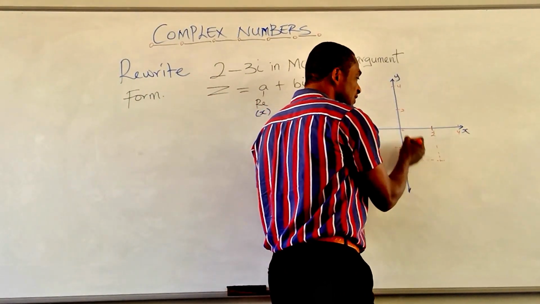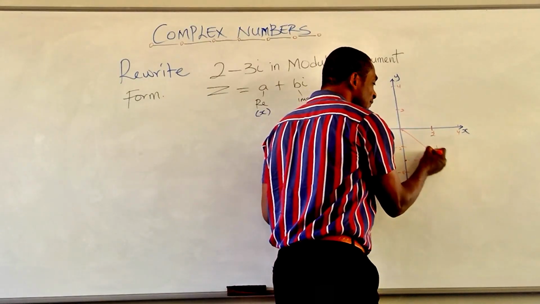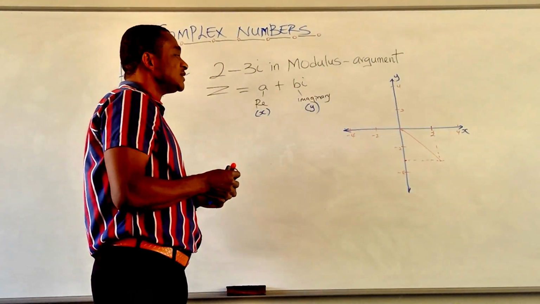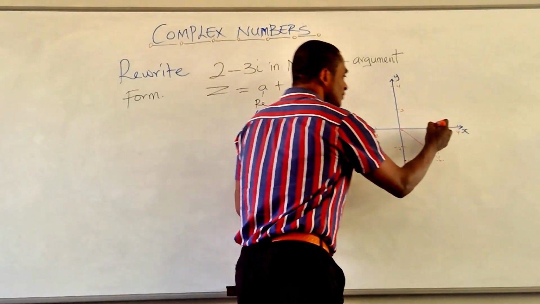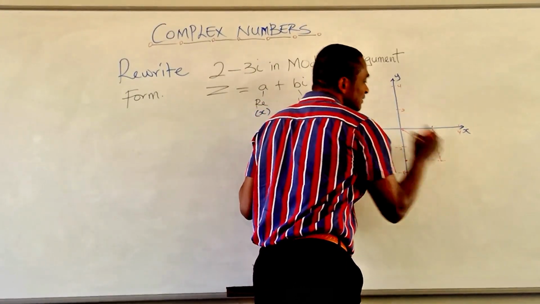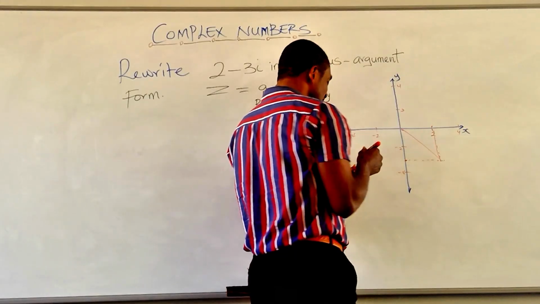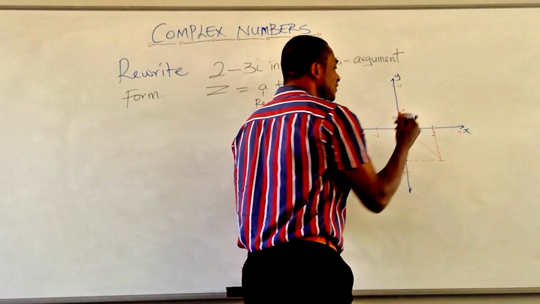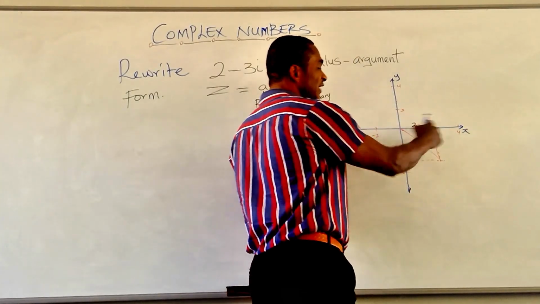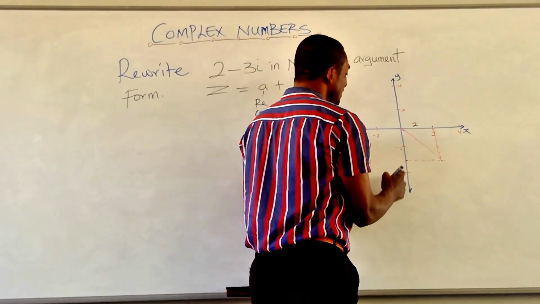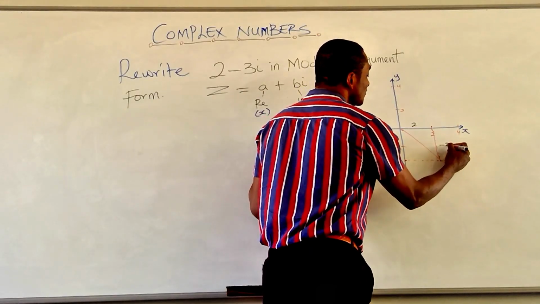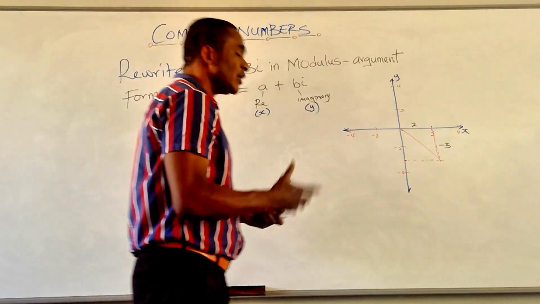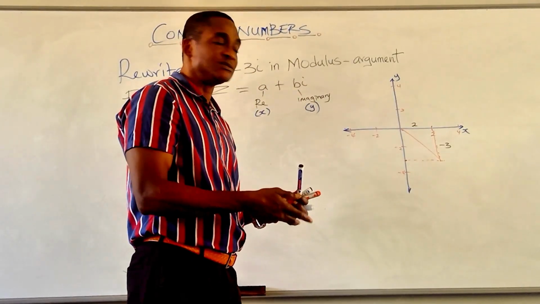Do not draw this, build from x in the anti-clockwise direction. Now, this forms our triangle. If this forms our triangle, it means that the length of x is 2, and the length of y is -3, or 3 in the negative section.